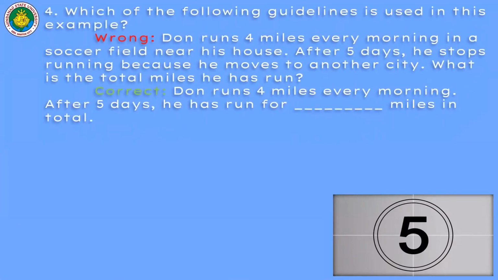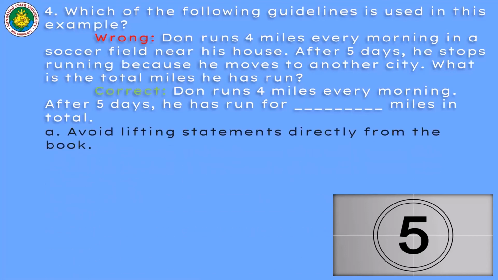The fourth question is, which of the following guidelines is used in this example? The wrong example is Don runs 4 miles every morning in a soccer field near his house. After 5 days, he stops running because he moves to another city. What is the total miles he has run? And the correct example is Don runs 4 miles every morning. After 5 days, he has run 4 blank miles in total.